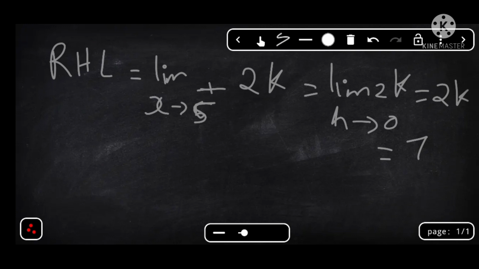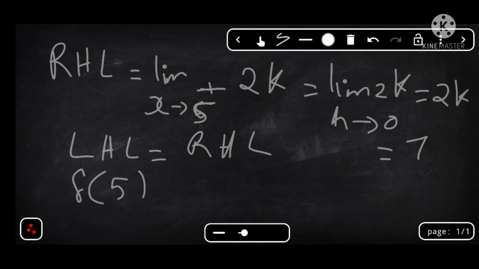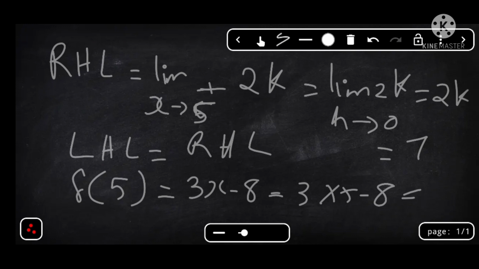Finally, LHL equal to RHL, right? Let's check for f of 5. For f of 5, our function is 3x minus 8, that is 3 into 5 minus 8, which is equal to 7.